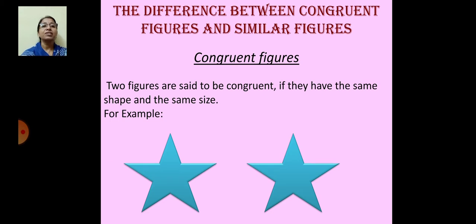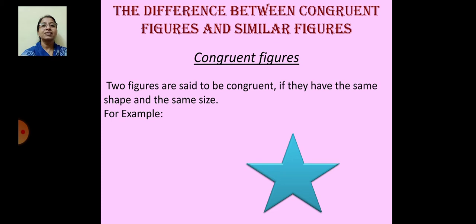For example, children, here two stars are given. Can you say whether they are congruent or not? For that you need to overlap them. If I overlap them, what happens? They exactly coincide with each other. So these two stars are congruent figures.